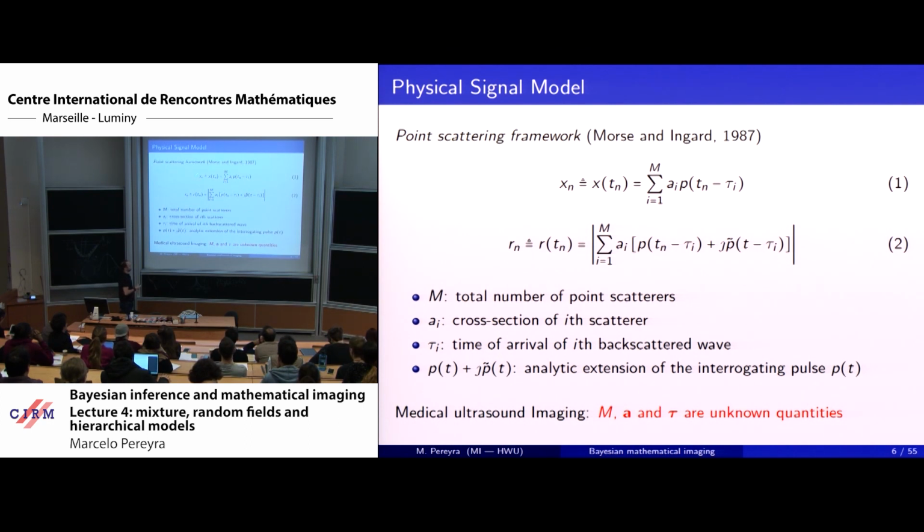We don't use this signal directly to construct the ultrasound image. We construct what we call a B-scan mode. So what we take is the envelope of that. We take that signal and we do something called the Hilbert transform of that, and then we take the absolute value of this.